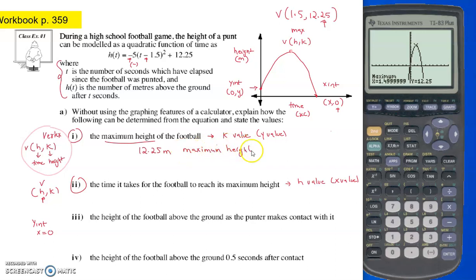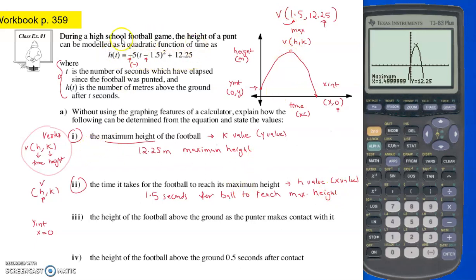And then in terms of the time it takes, it is this one over here. It will take 1.5 seconds for the ball to reach the maximum height. Okay, and that's the role of this point, the maximum point, the vertex.